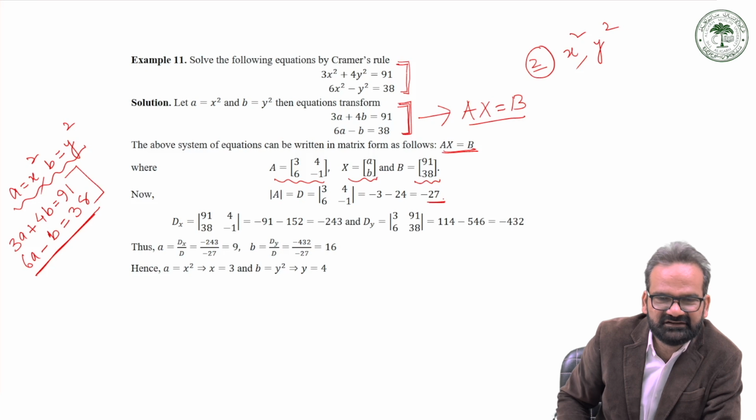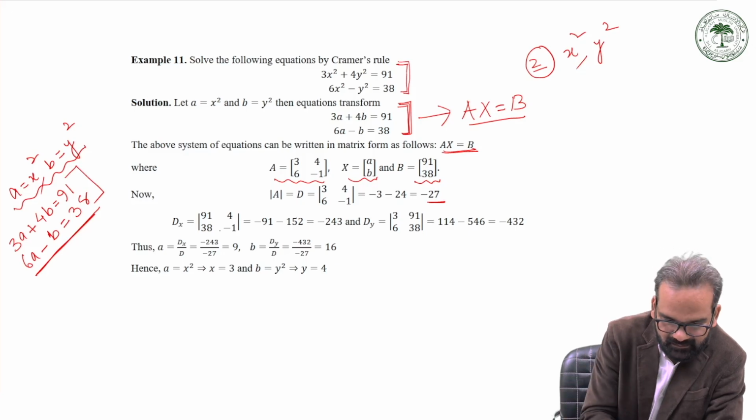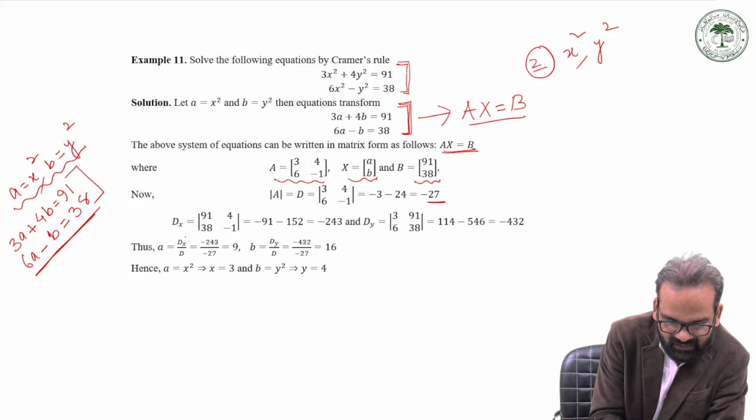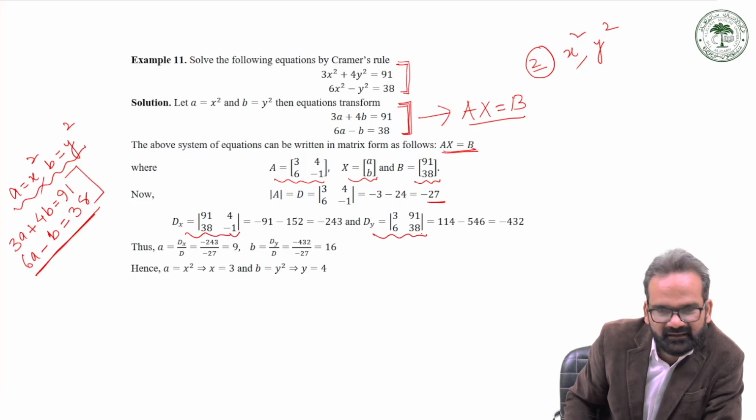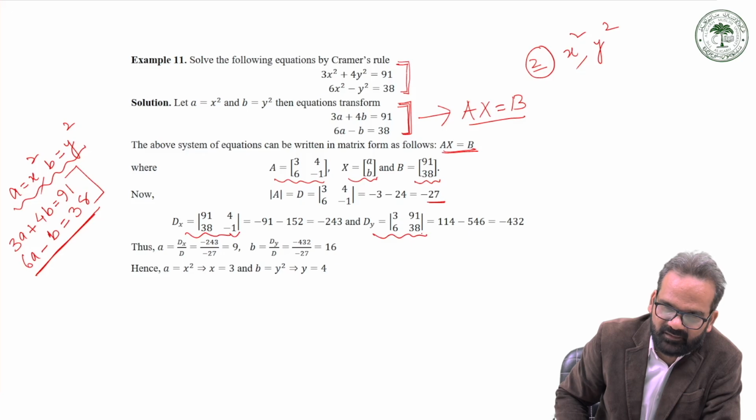And we know that when the determinant of a non-homogeneous system of equations is not equal to 0, then the system has a unique solution. This is D. Now find Dx and Dy, right? How can we obtain Dx and Dy, we all know that.